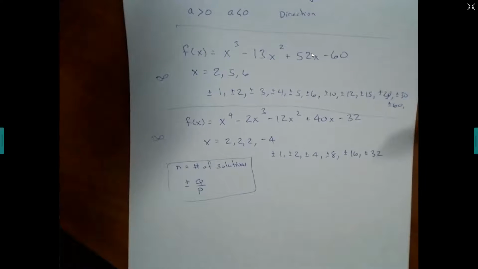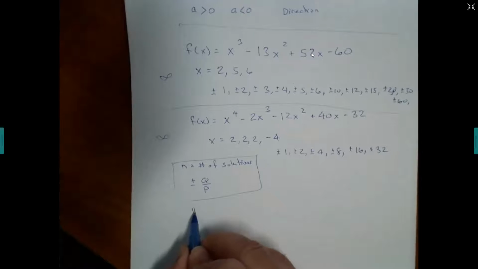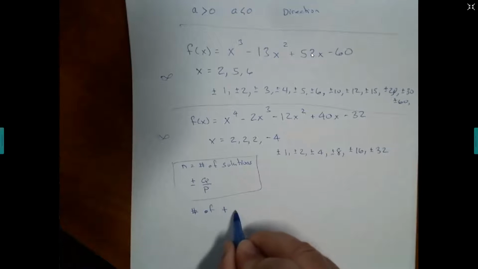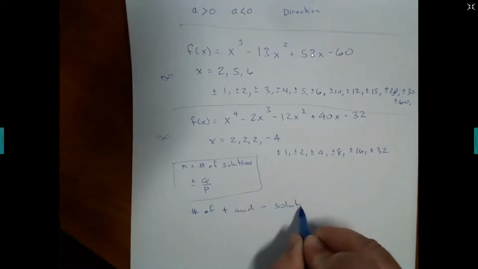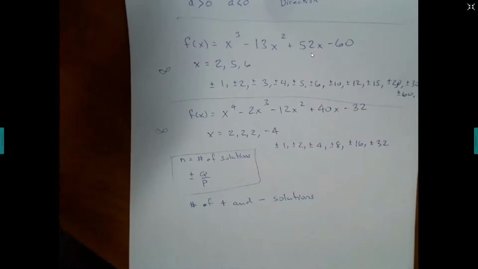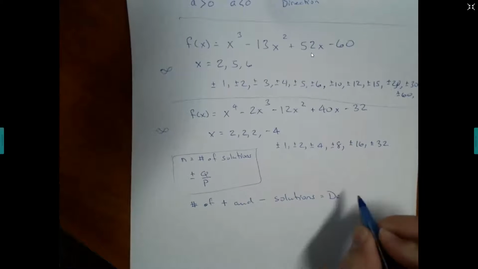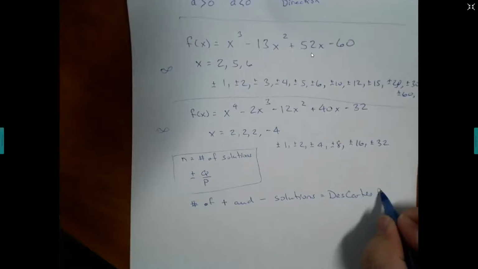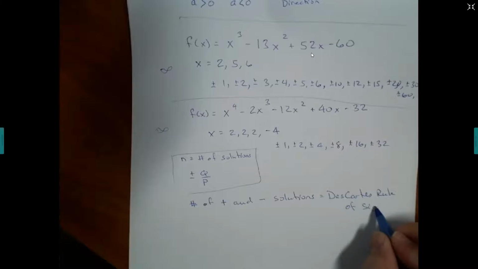That's the third step: the number of positive and negative solutions. Descartes' rule of signs.